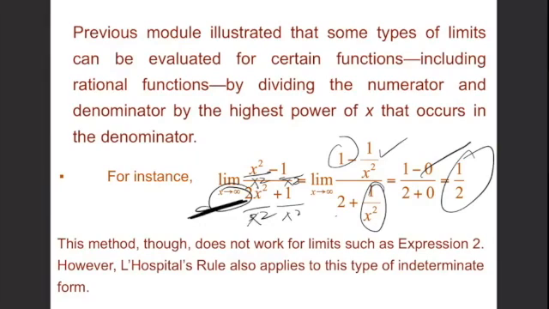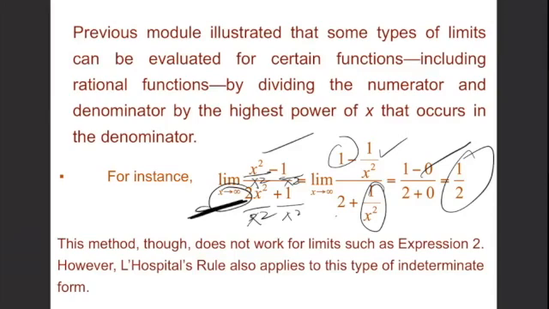But of course, we can also apply L'Hôpital's rule here. It can also work for this, but as I said, you only apply L'Hôpital's rule once you have exhausted the possible approaches, such as this one. This is one approach. Factoring is one approach.